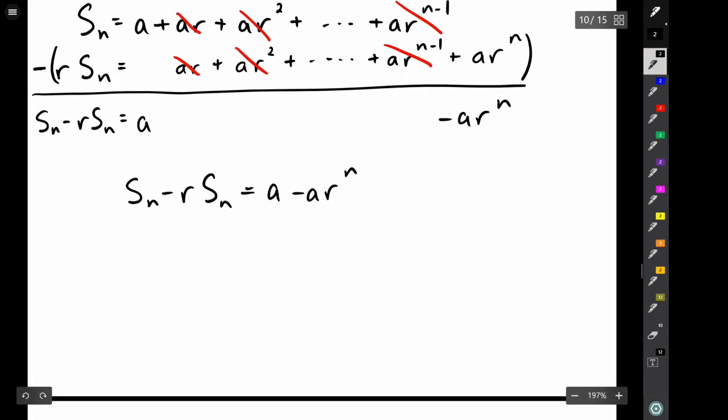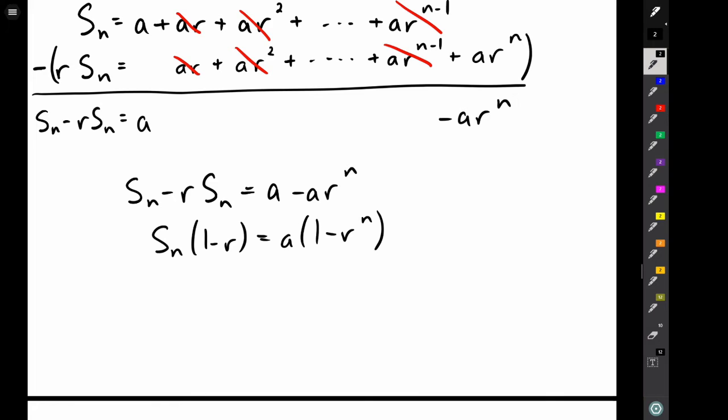So let's factor what we can. On the left, I can factor out an Sn, which gives me Sn times 1 minus r. On the right side, I can factor out a, which gives me a times 1 minus r to the n. And so I can solve for Sn.